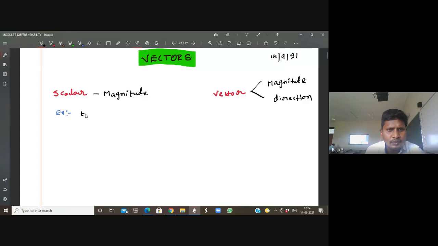Scalars: time, length, mass, and we can take work. What about distance, area, volume? Yes, any other example?